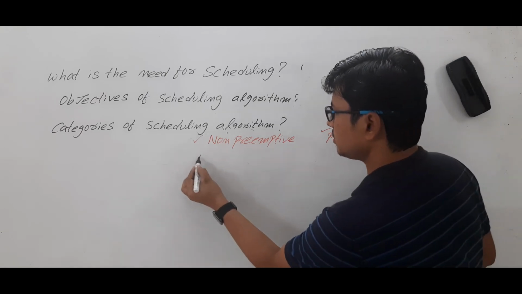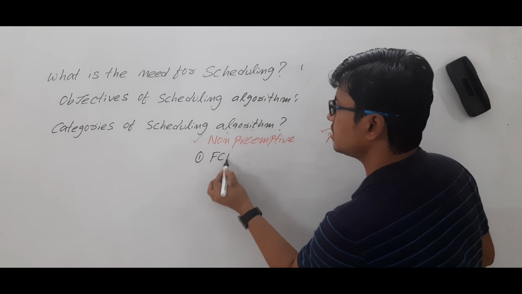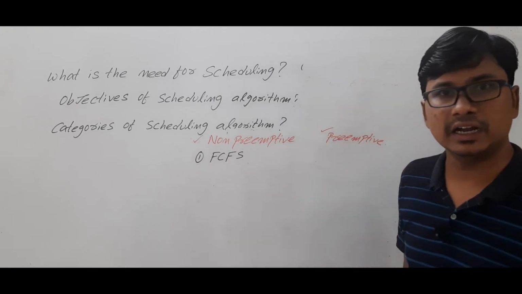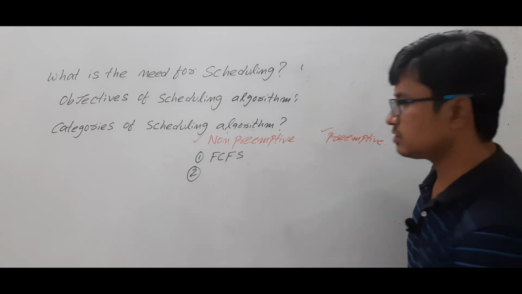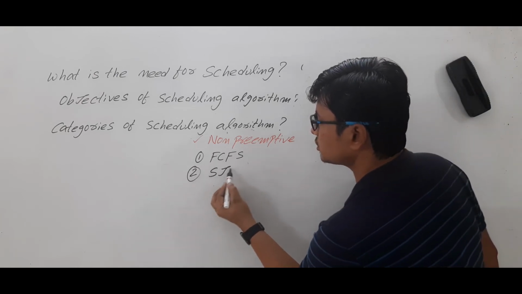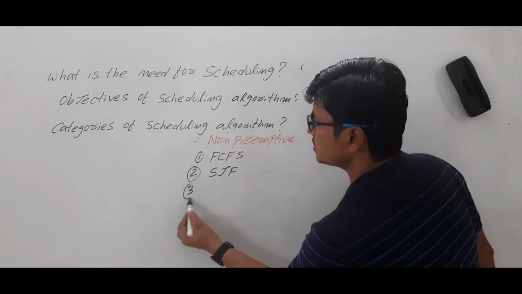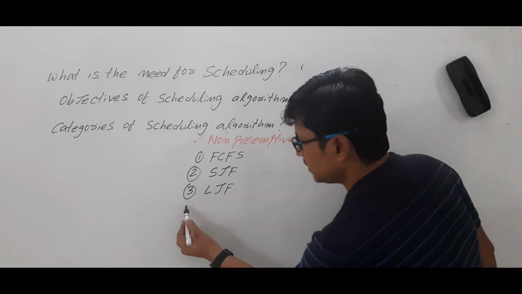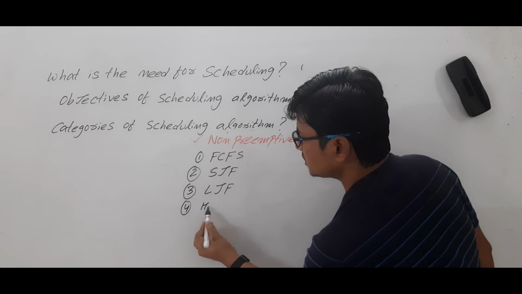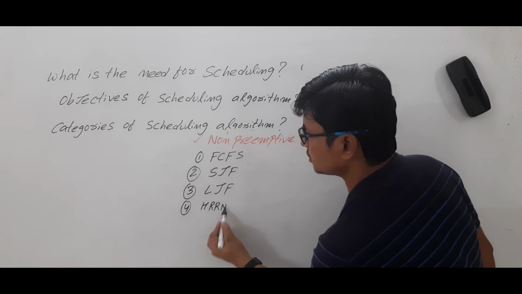The first non-preemptive scheduling algorithm is the first come first serve scheduling algorithm. The next non-preemptive scheduling algorithm is the shortest job first scheduling algorithm. Similarly, you have the longest job first scheduling algorithm, and then you have the highest response ratio next scheduling algorithm.